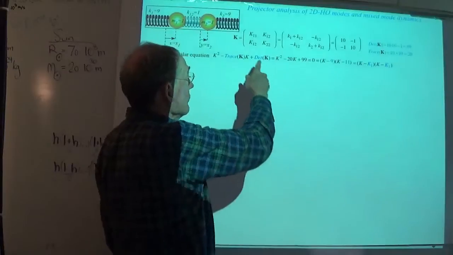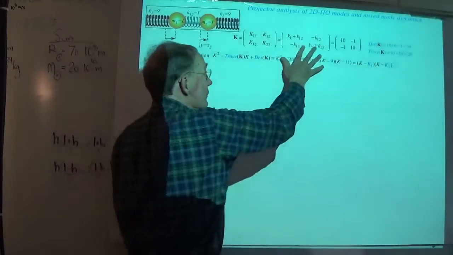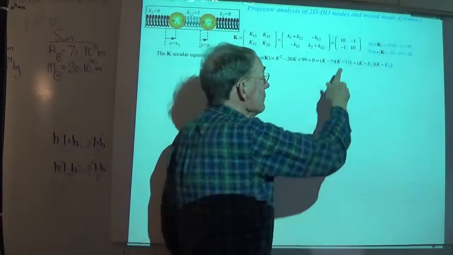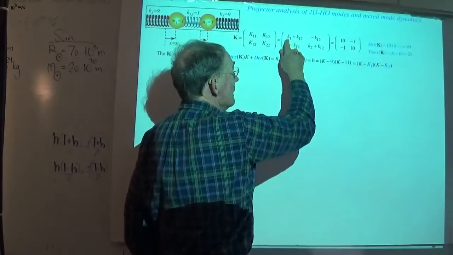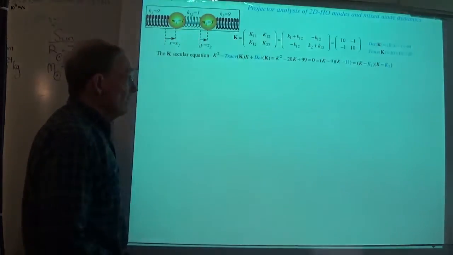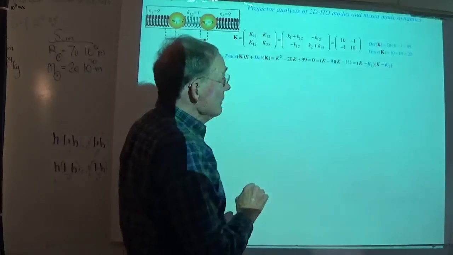Let's just go back and suppose that I had a K matrix and this was just a classical problem, and here are the spring constants for that K matrix, and let's just make it simple, 10 and minus 1 for this number right here and that number right there. And go ahead and write the secular equation for this matrix.